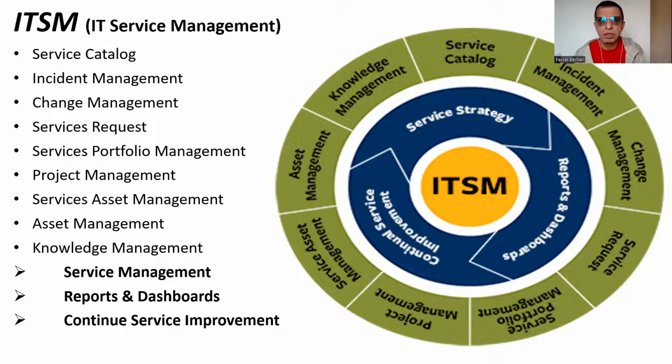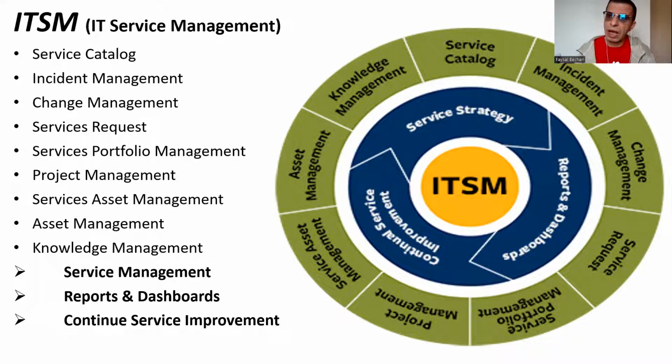Incident management. So if something goes wrong, how do they approach it and solve it for you, how quickly, and how do they mitigate the risks? There are backup recoveries and all these things. Change management, if there is growth for you, it's happening. A service request, service portfolio management, project management, and service asset management.